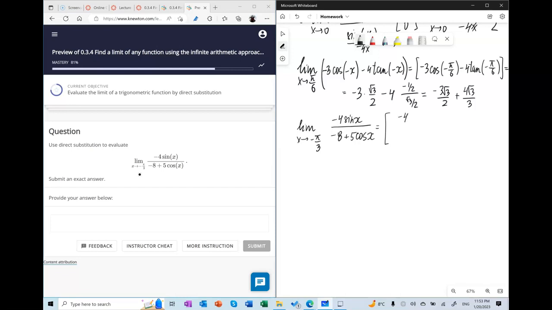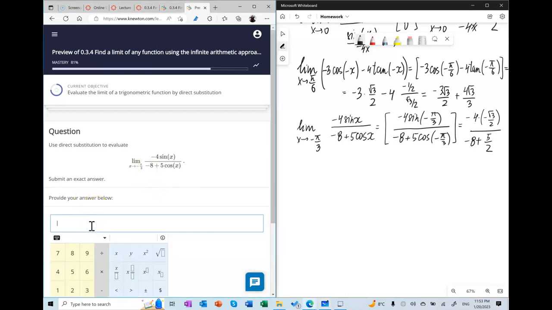So we're putting -4 sine of -π/3 divided by -8 plus 5 cosine of -π/3, and as long as you know what sine and cosine of -π/3 are, you're pretty much set. So -4 √3/2 over -8 plus 5/2.